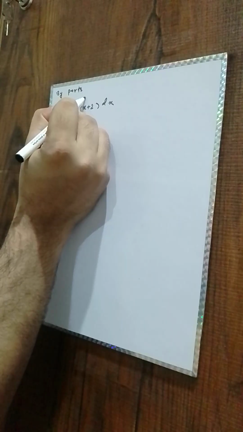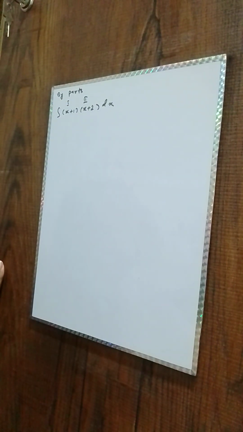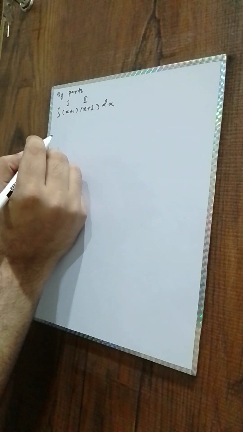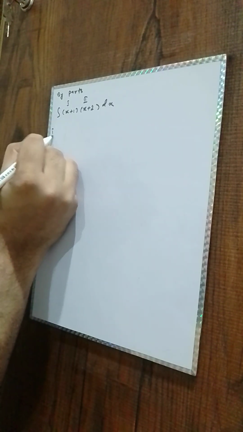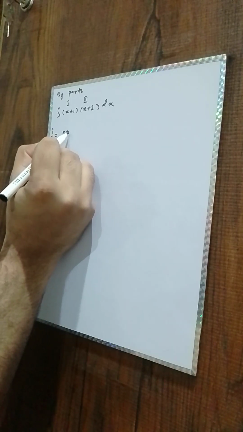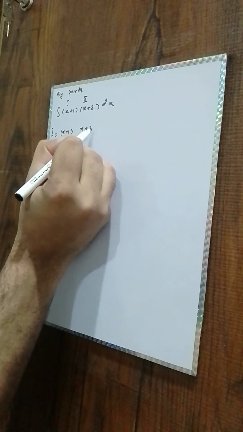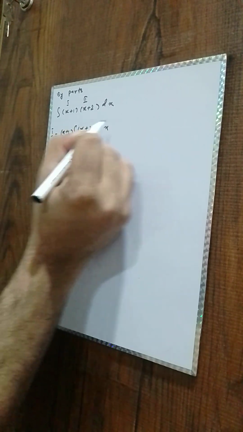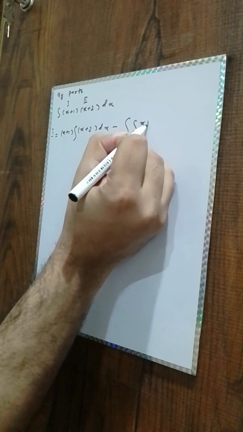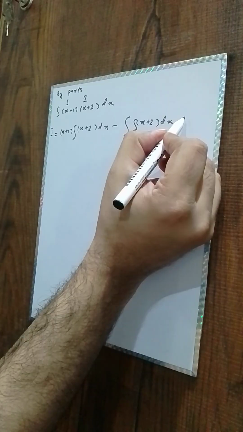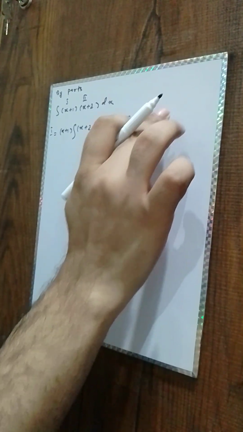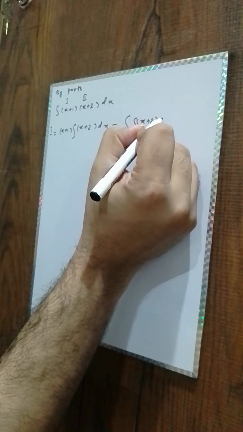We call this function 1 and we call this function 2, and we use the formula: I is equal to the first function into the integral of the second function, minus the integral of the second function into the differential of the first.